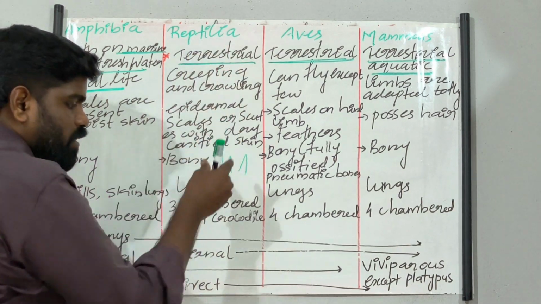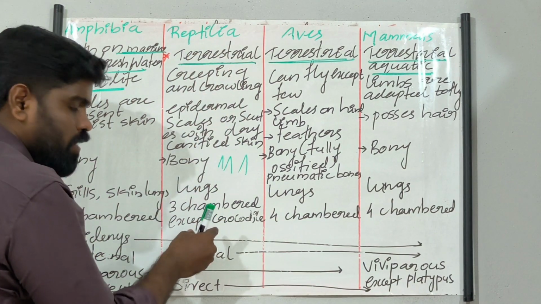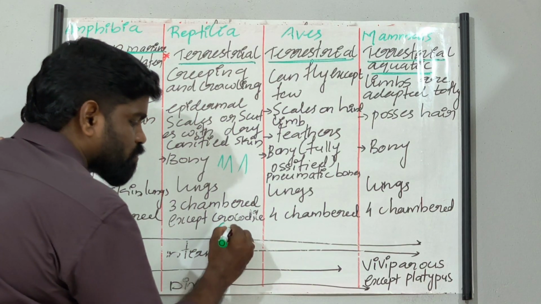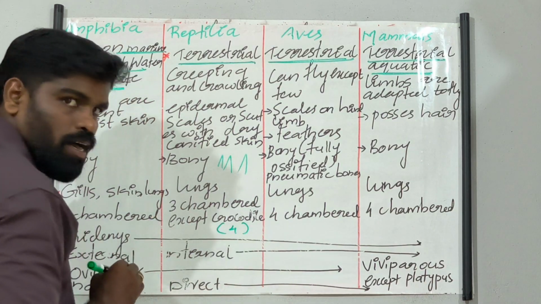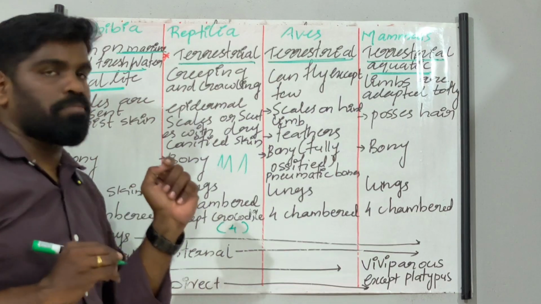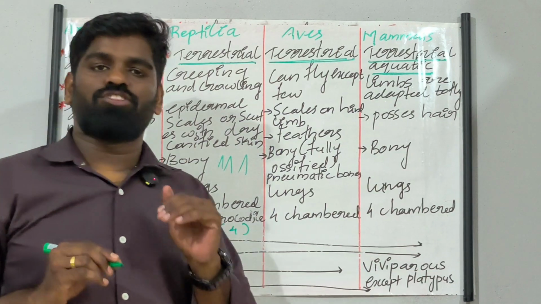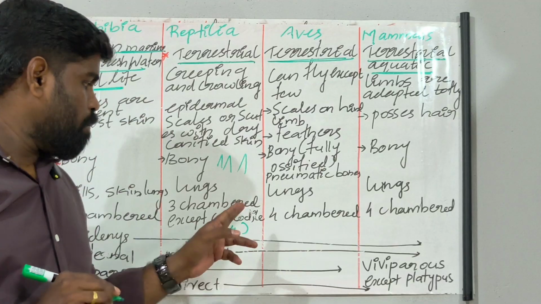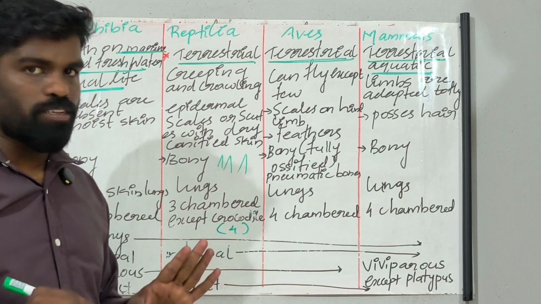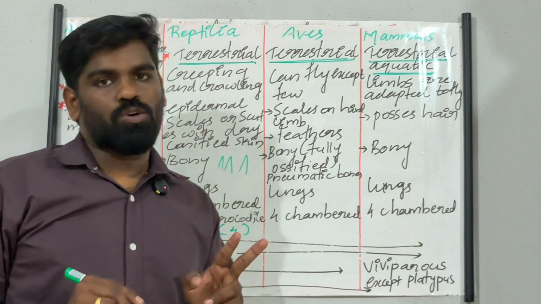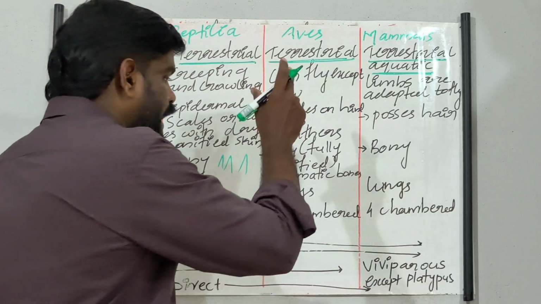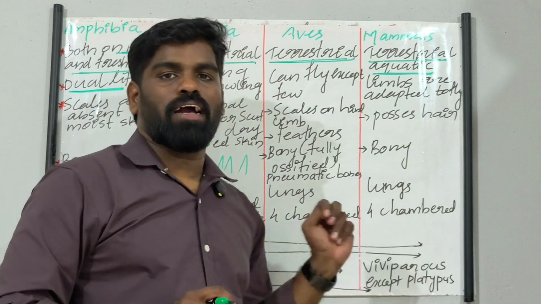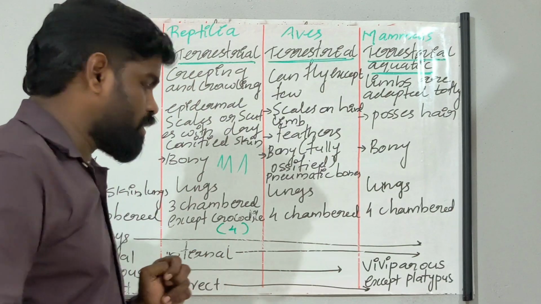Reptilians have a three chambered heart except crocodile, because crocodiles have a four chambered heart. So reptilia have a three chambered heart, two auricles, one ventricle. But crocodiles have a four chambered heart, two auricles, two ventricles. Now, aves also have a four chambered heart, mammals also have a four chambered heart.